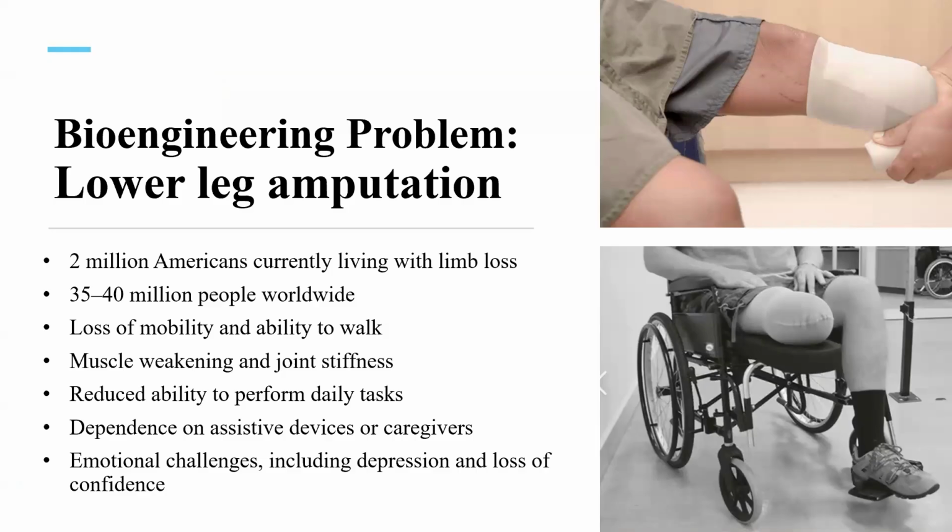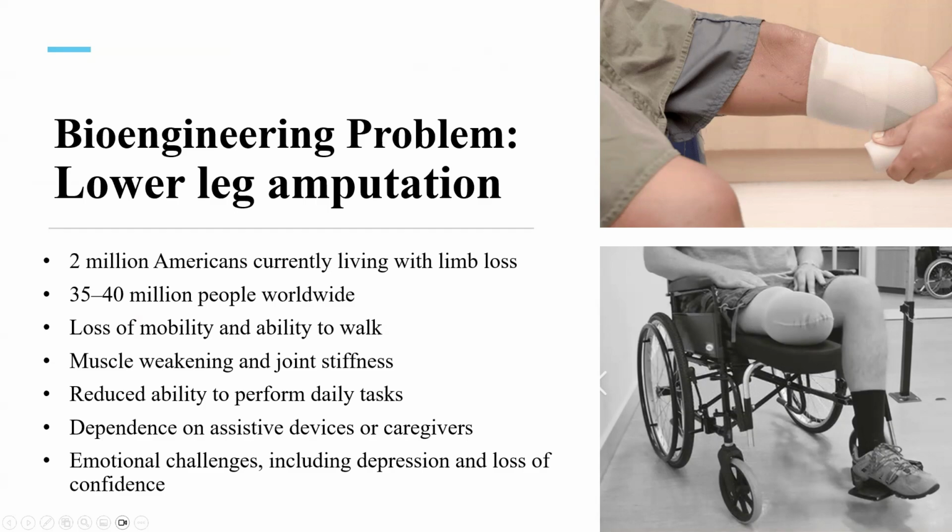So the bioengineering problem that we're tackling today is amputation, specifically the lower leg. 20 million Americans are currently living with limb loss, and roughly 35 to 40 million people worldwide.